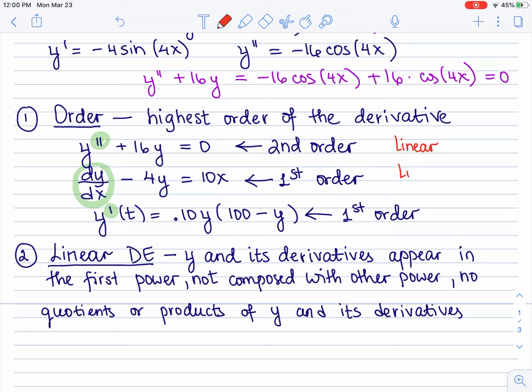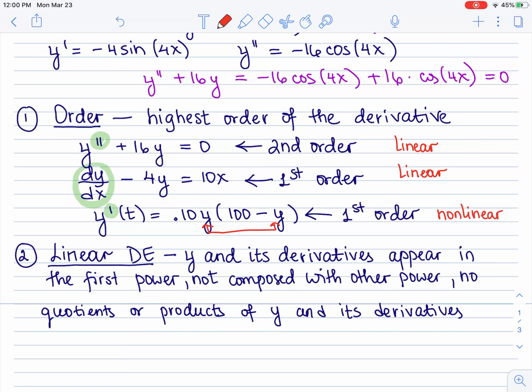This is also linear. Now the last one is nonlinear, because this will give us y squared, right? Once you multiply this through, you're going to get a power of the function itself. So this is nonlinear.